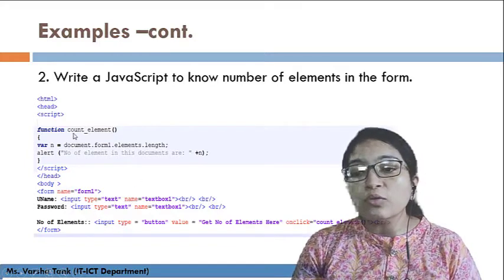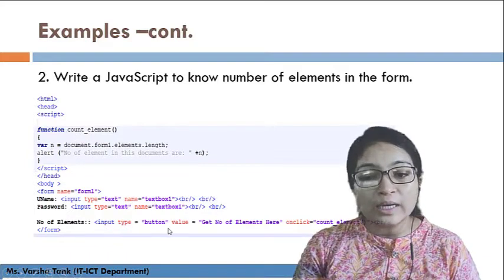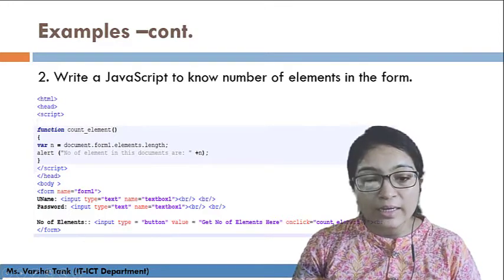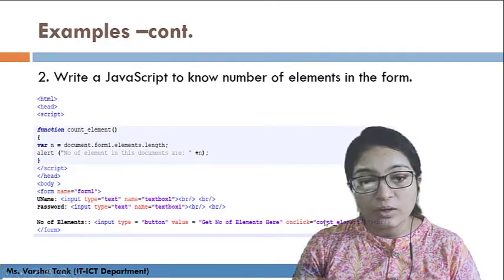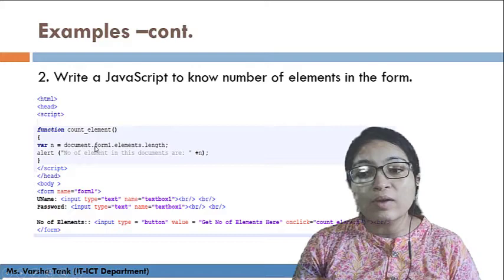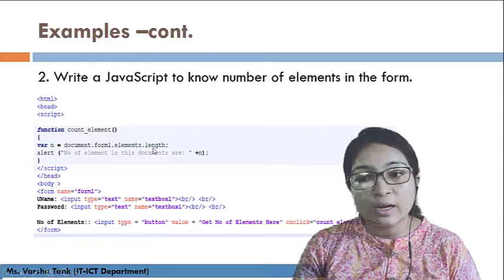Okay, so here you have to create one function, countElement. This function we have called on the click event of this button. So when the button is clicked, it will call the countElement function. Here we have declared one variable in which we have stored the output of this method, document.form1.elements.length.